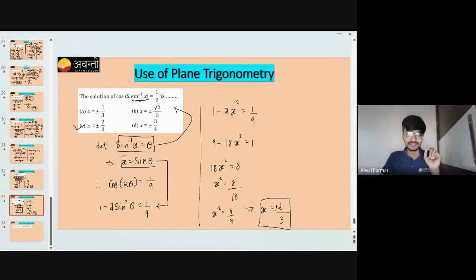If I substitute this in the question, I will get cos 2 theta equals 1 upon 9. Now we have to use the formula for multiple angles for cos 2 theta. Cos 2 theta equals 1 minus 2 sine square theta.